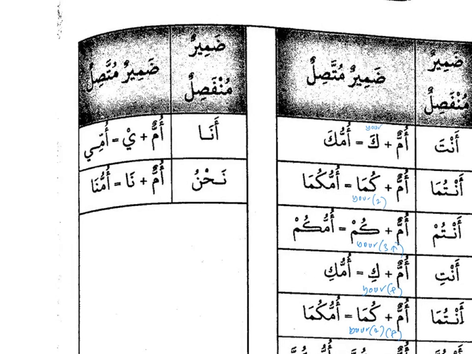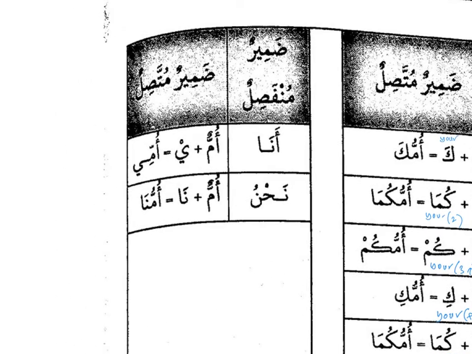And the last two, ana, I. How are we going to say my? This is what you should do. You use ya, and the ya is with a sukun. And how do you combine this ya to the previous word? For example, you want to say my mother. Look at what happens. You add the ya to the last letter, the mim. So it is alif, mim, and ya. And how are you going to read the word?